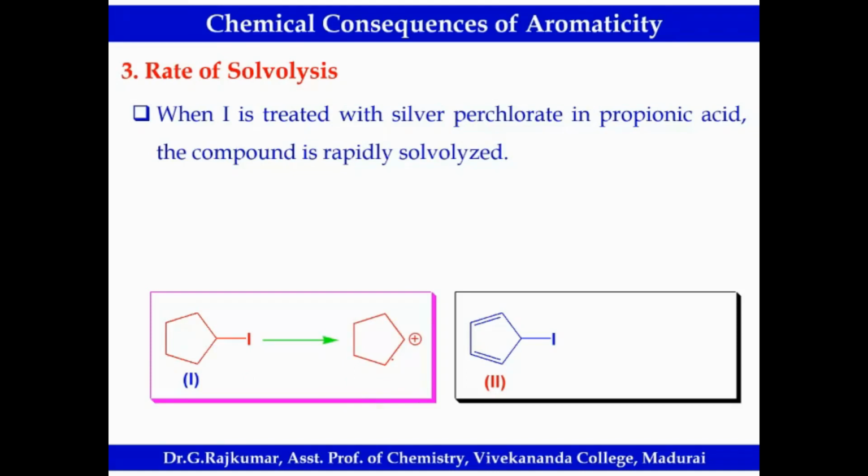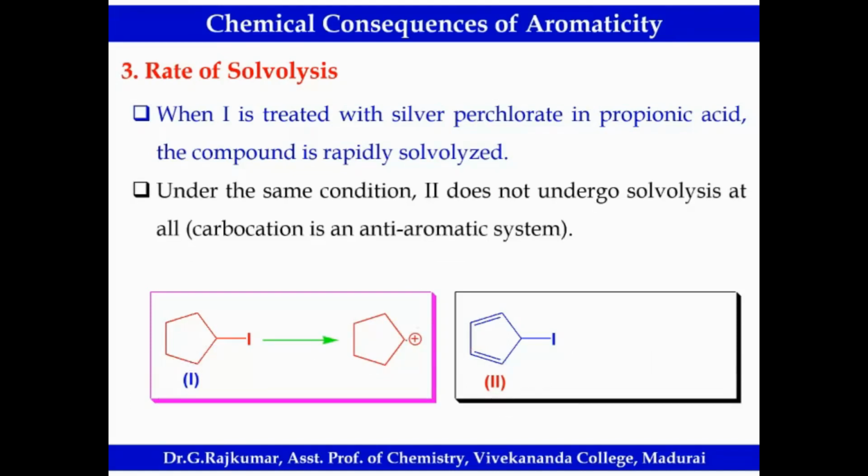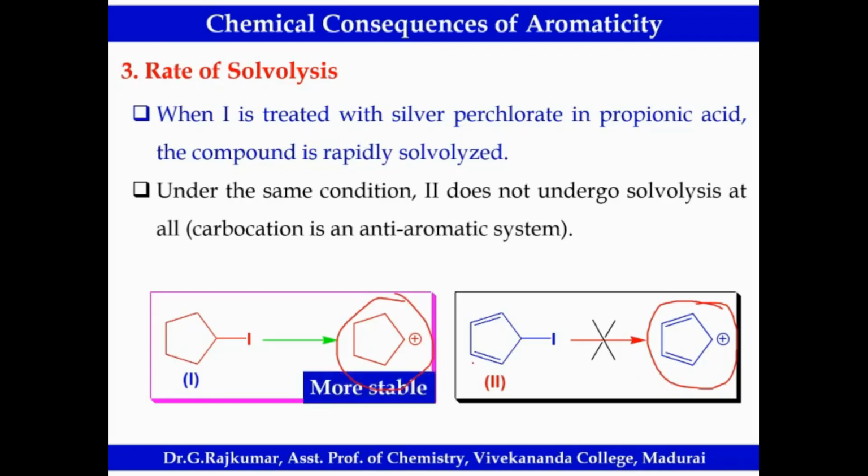Look at this. So this is a simple carbocation. Under the same condition, compound 2 does not undergo solvolysis because it attains anti-aromatic character. This is a simple carbocation. Okay, so this is more stable than the anti-aromatic compound. You have to compare the stability of the formed ions.